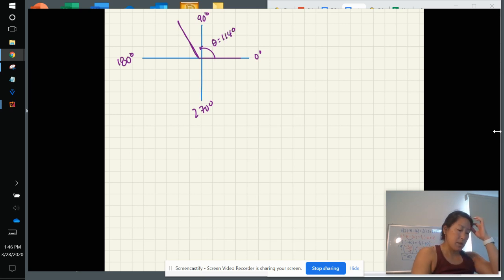What if I just added in a full rotation here? I took this arm and spun it all the way around and made it land at the same exact space, but I turned around one extra time. It's like if you're a figure skater and you turned around in the air one extra time.